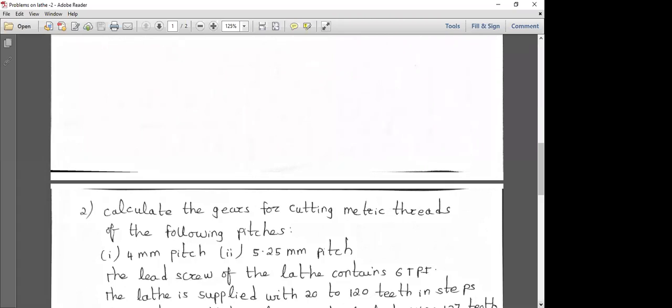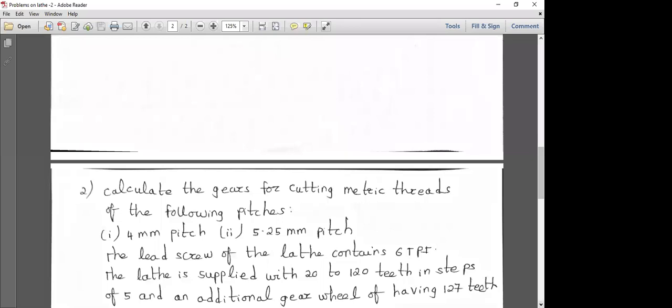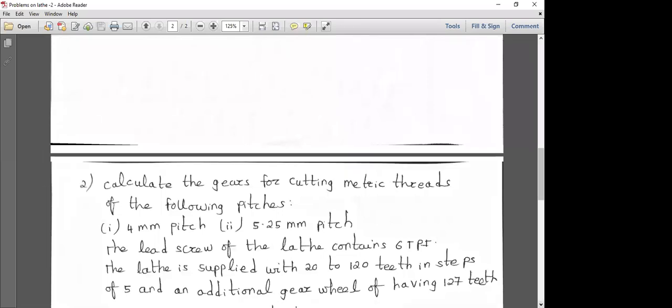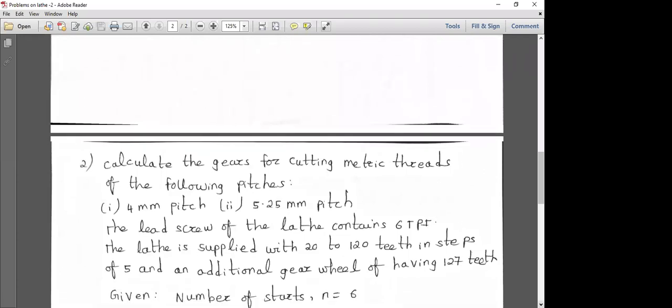The lathe is supplied with change gears of 20 to 120 teeth, in steps of 5, which is very important, and an additional gear wheel having 127 teeth.